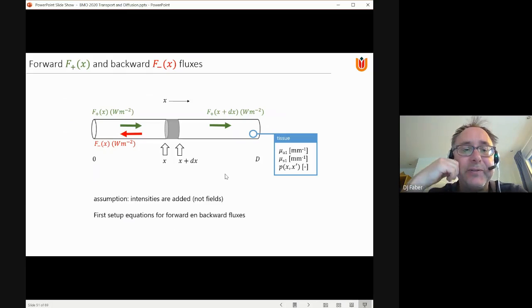On the left of that volume, you see defined flux F plus of x, that is at the location x. F minus of x, that is the flux in the minus x direction, also defined at that interface at x. And on the right hand side, you see defined F plus of x plus dx. So that would be the flux in the positive x direction, but defined on the other side of that volume.